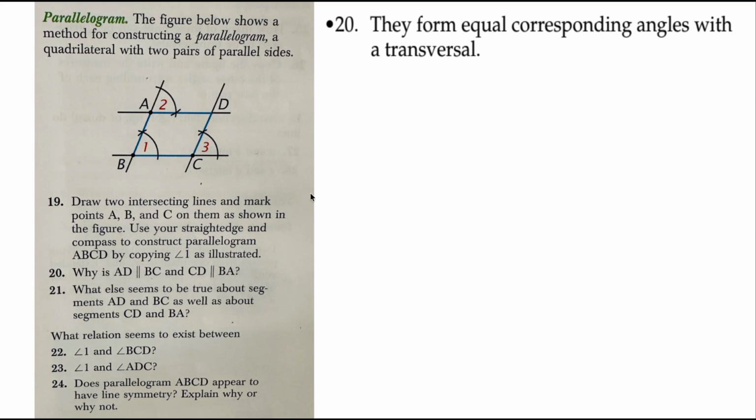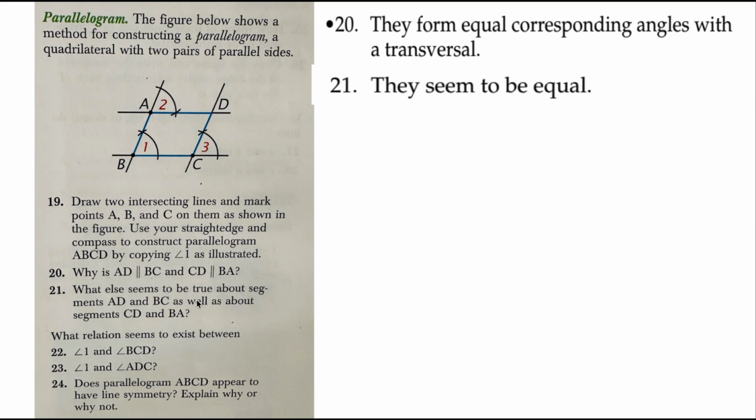Number 21. What else seems to be true about segments AD and BC, as well as about segments CD and BA? Well, I would say they all seem to be equal. AD is equal to BC, and AB is equal to DC. Good.